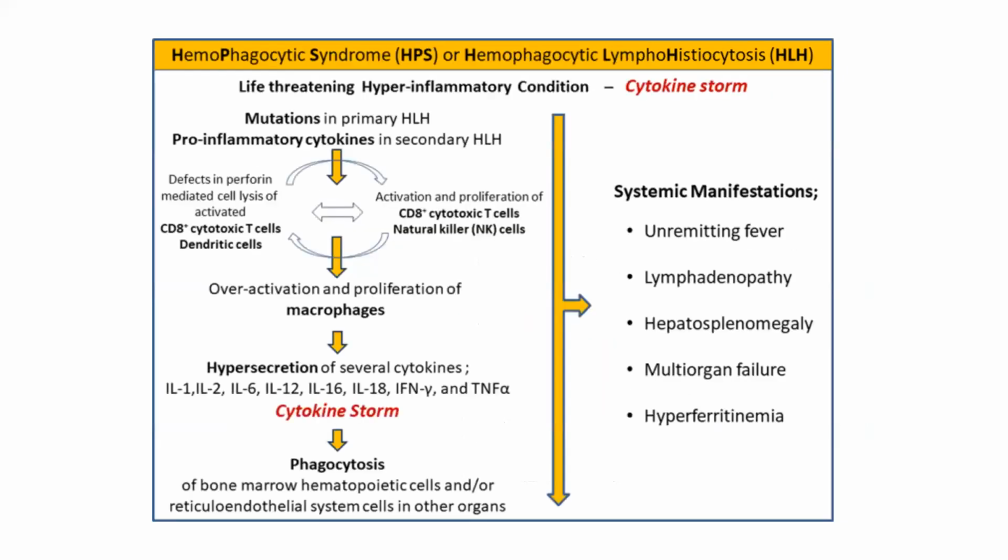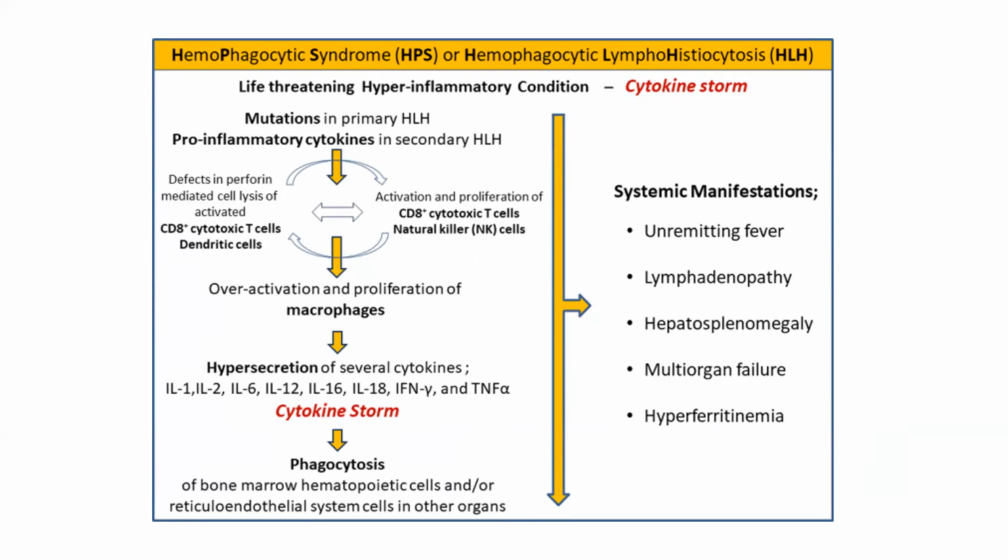Next, just briefly on the pathophysiology. As I said, it's a hyperinflammatory condition. In primary, there's a genetic mutation. In secondary, there is a trigger that leads to pro-inflammatory cytokine release.